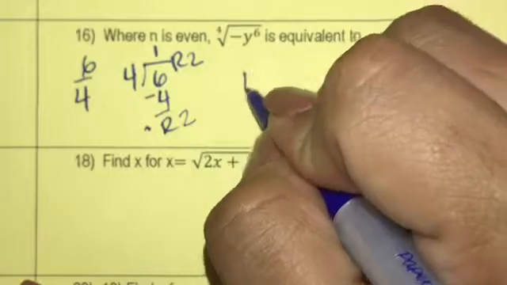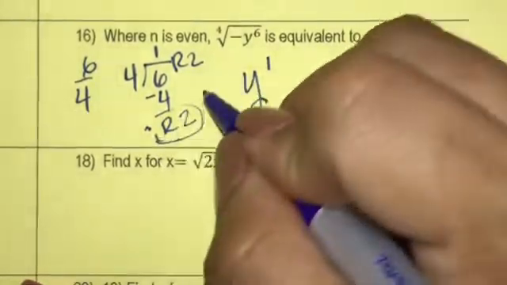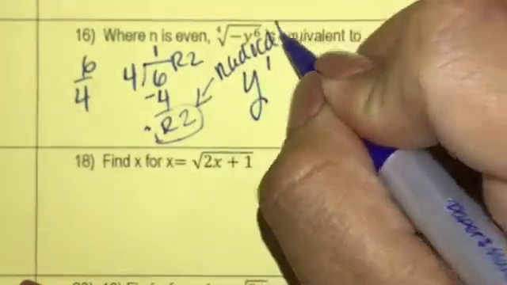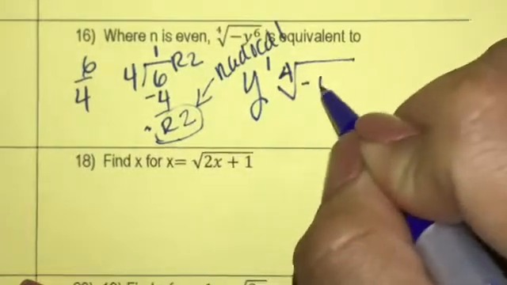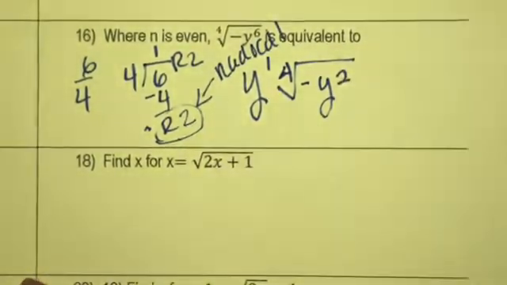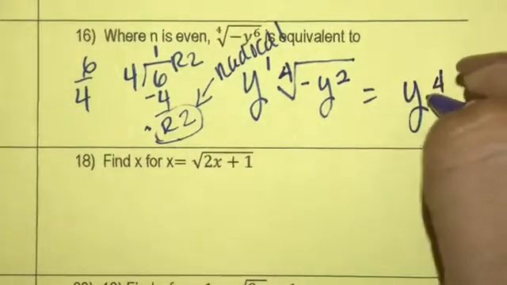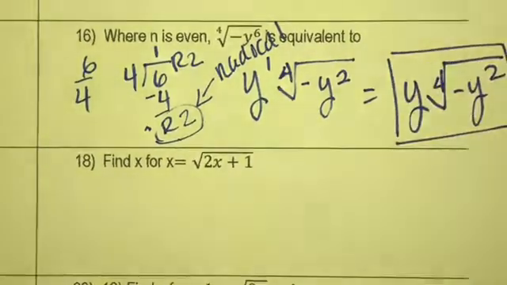So you're going to say y to the first. This is going to go inside the radical. So then you're going to have the 4th root of negative y squared. So y times the 4th root of negative y squared is your solution.